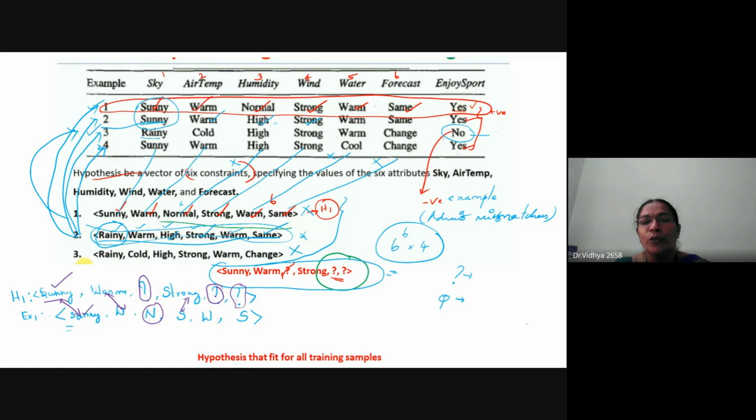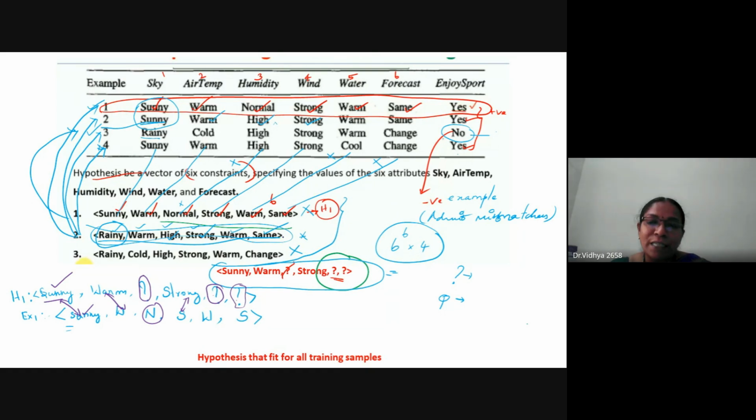It is a general hypothesis where we need to map that particular hypothesis with all the other examples. If you take warm and same, it will be suitable only for the first two examples, but for the other two examples it is different. So we have to use the question mark here. So this hypothesis: sunny, warm, question mark, strong, question mark, is the best fit hypothesis for the given examples.